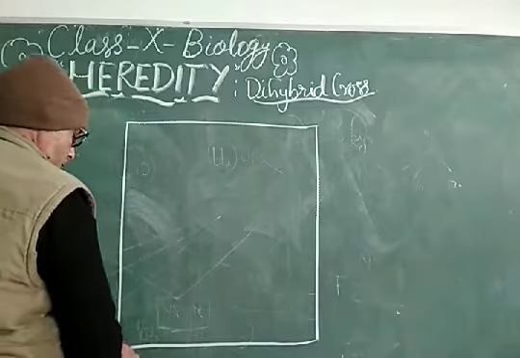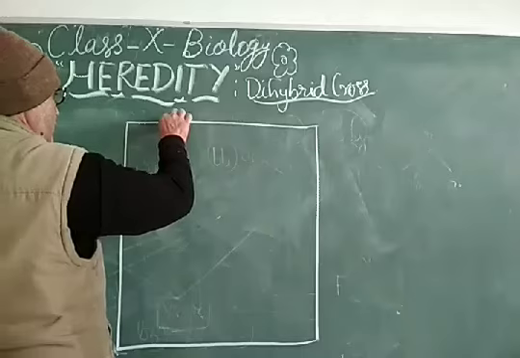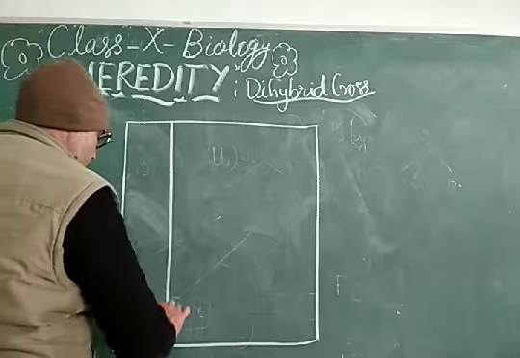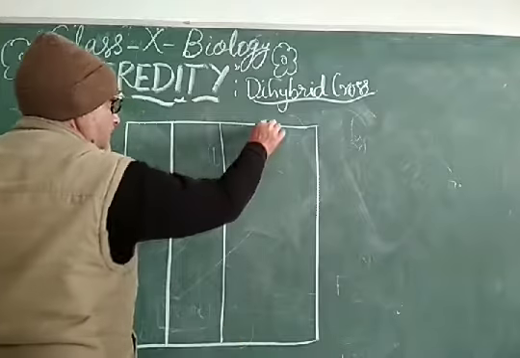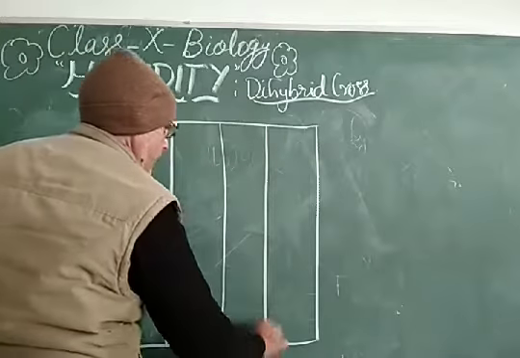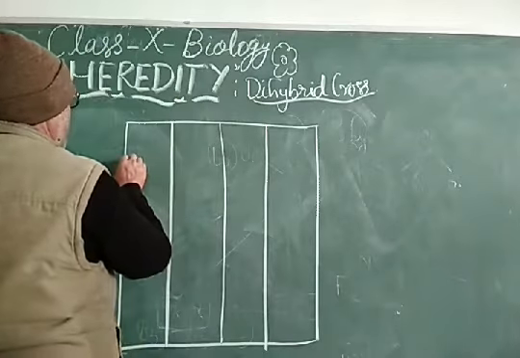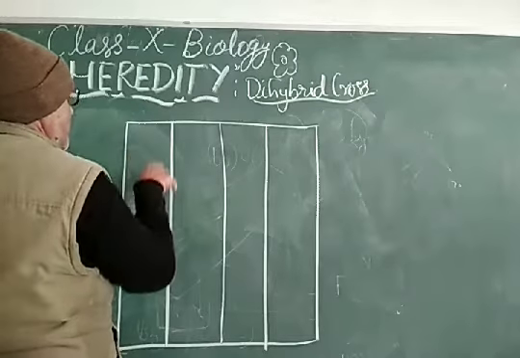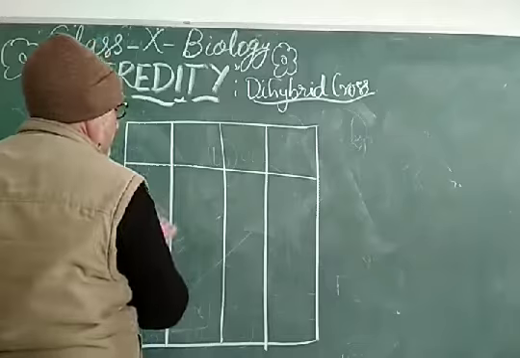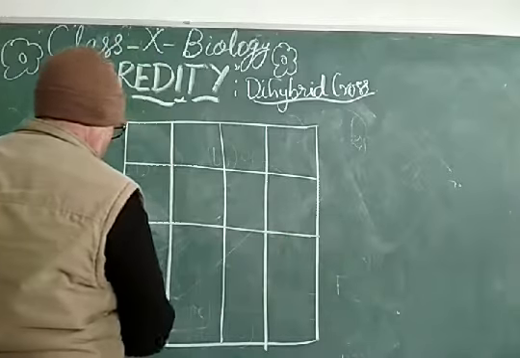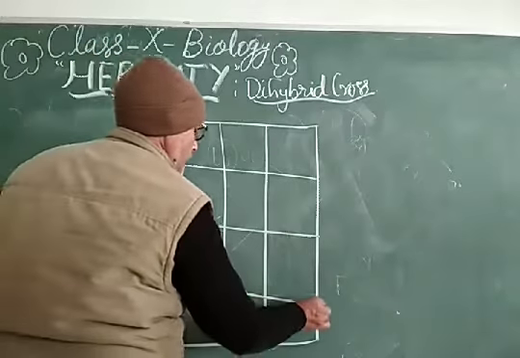and see what is going to happen here. This is 1, this is 2, this is 3, and this is 4. This is vertical, come horizontally: 1, 2, 3 and 4.